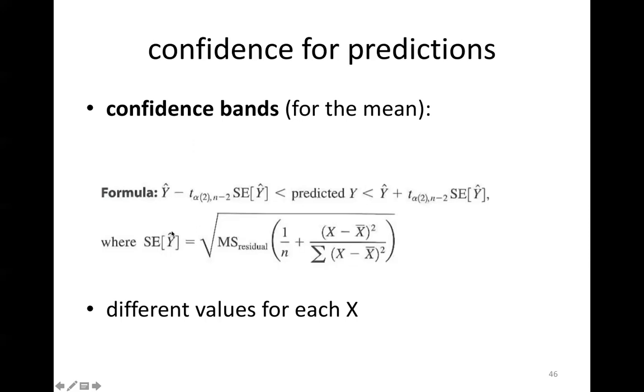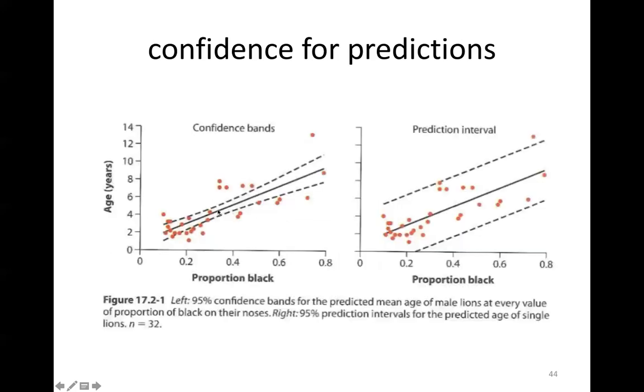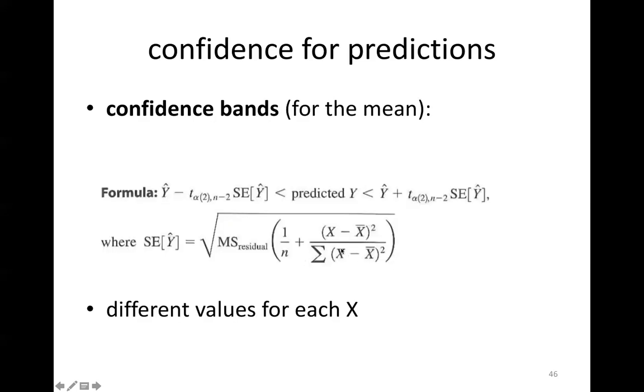So this value is calculated for each x separately. That's why the confidence bands have different width or height, however you call it, for different values of x. This numerator term will change as a function of x. So different values for each x.